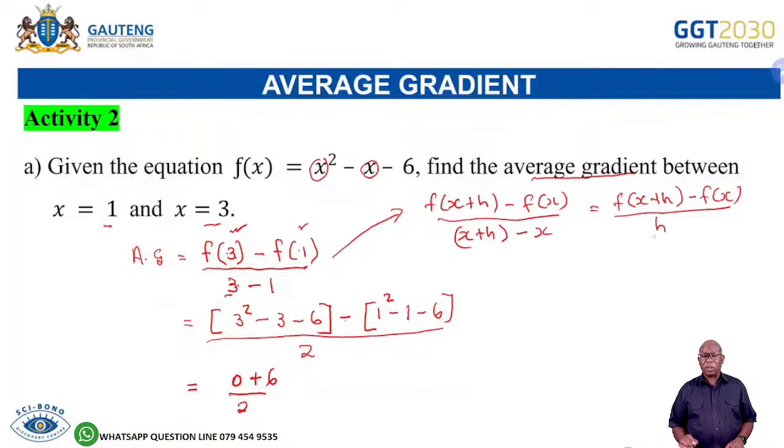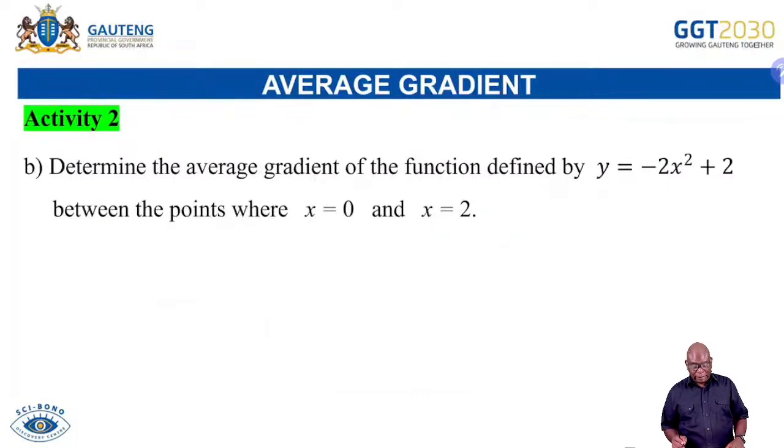So that is the average gradient. And we know the h is the number between the 3 and the 1 in this case. It's the distance between 1 and 3. So from 1 to 3, we've got 2 units in between. Okay, let's tackle the other one.